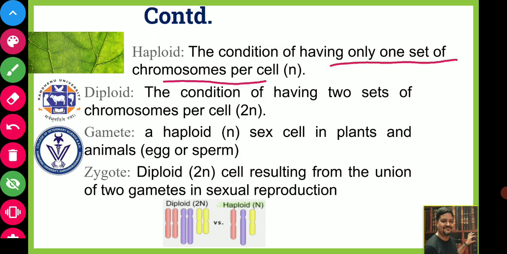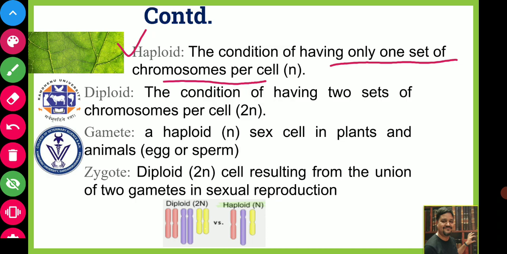There may be cells in an organism where only one set of chromosomes is present. Such cells are known as haploid cells, or such condition is known as haploidy.